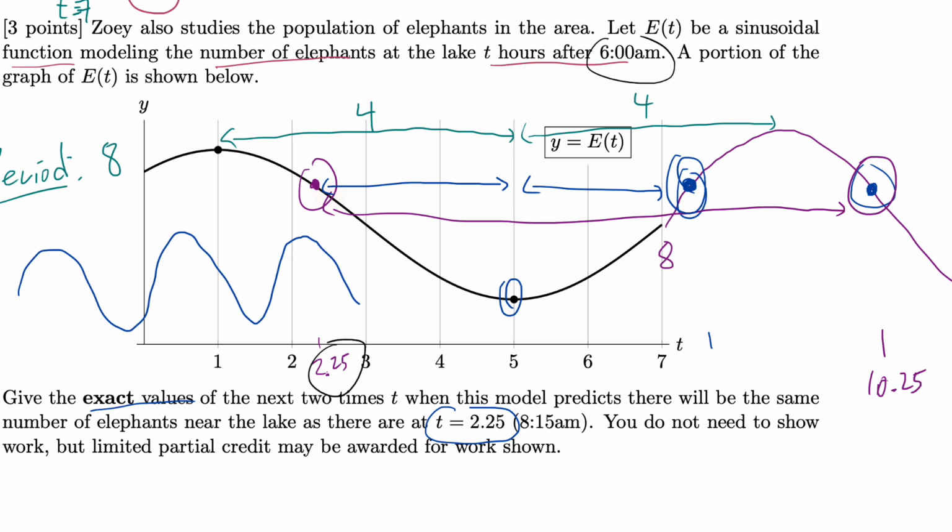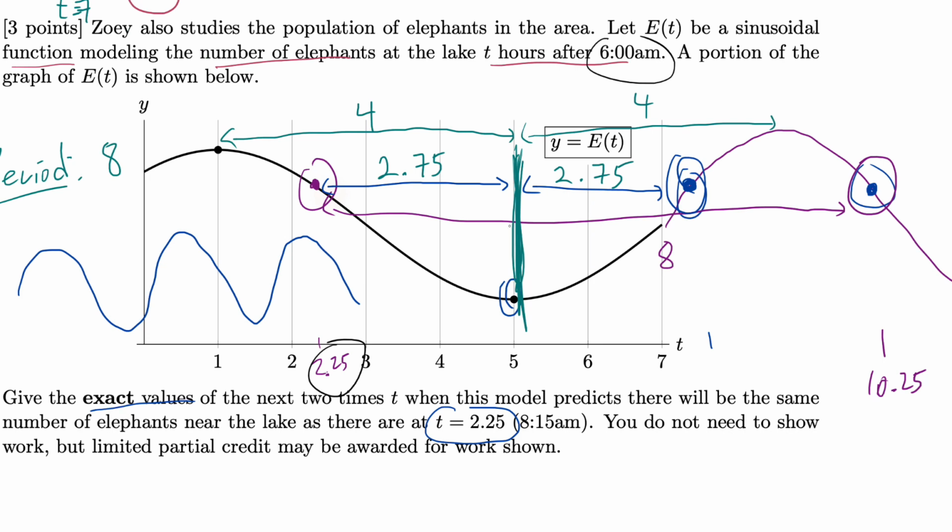And now we can argue as follows. We know this point has x coordinate of 2.25. We know this point has coordinate of 5. So the distance from here to here is actually 5 minus 2.25, which is 2.75. So that's this distance. So if I add another 2.75 to 5, then you should be able to get this point just by symmetry. So I'm here considering the symmetry with respect to the minimum.